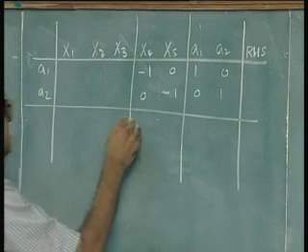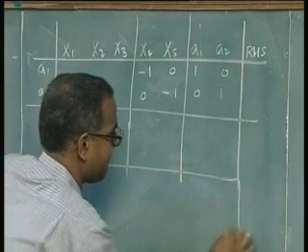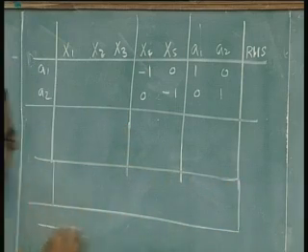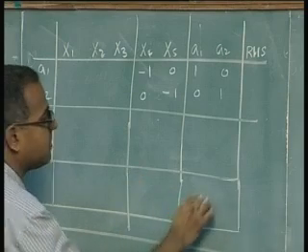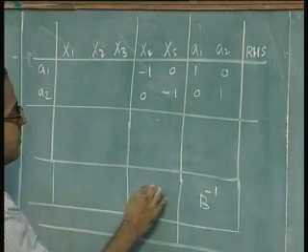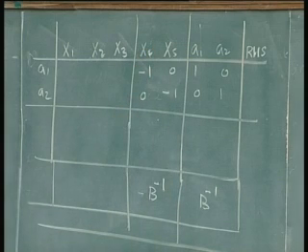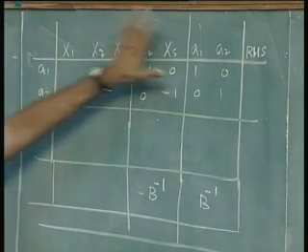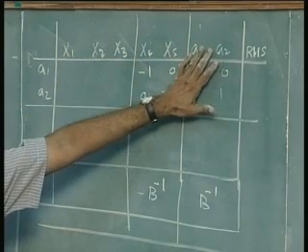For example, if this is the last table, then your B inverse will be here, and because this had a minus I, you would have a minus B inverse under the slack variable. So this is something that we need to know if we want to do sensitivity analysis using the matrix method that we have seen. The location where we find B inverse in the simplex table is something that we need to know.